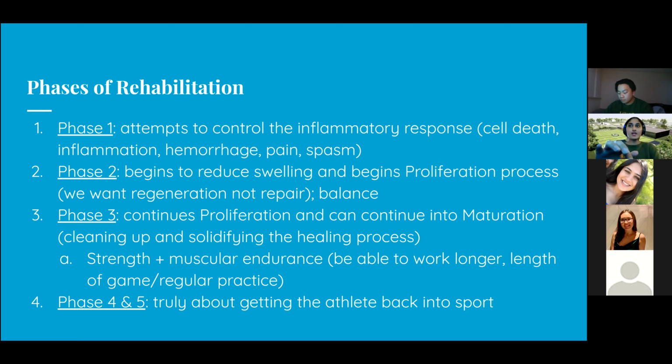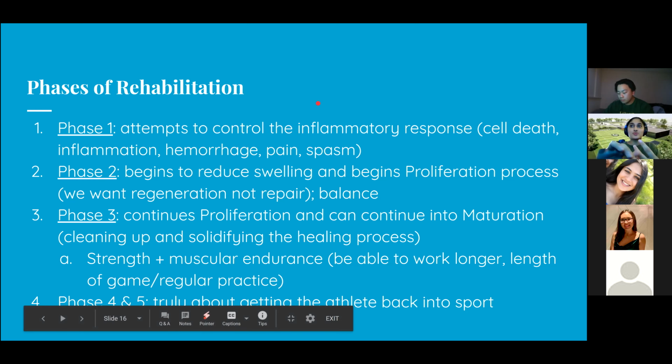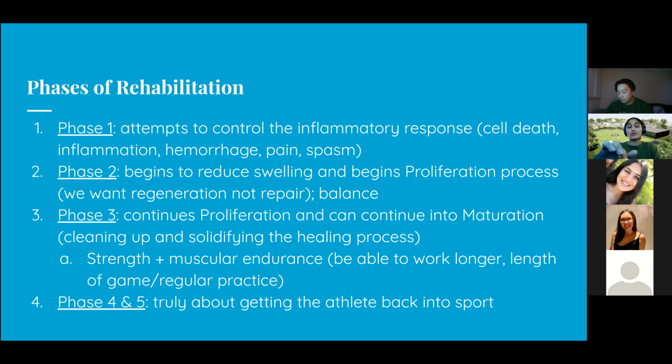We generally break it up into about 5 phases. Different schools will have different rehab programs, but this is the one that we use. So phase 1: we're attempting to control the inflammatory response.